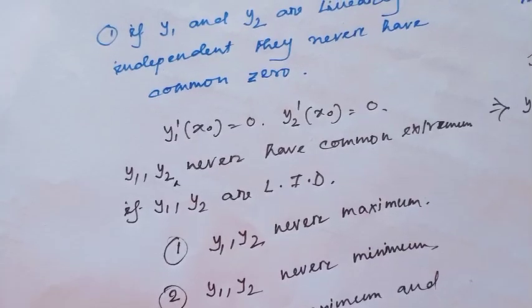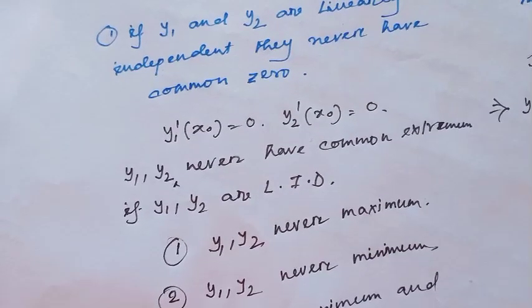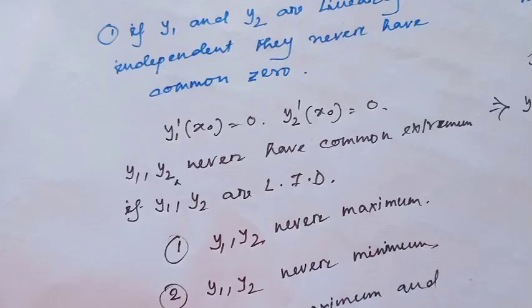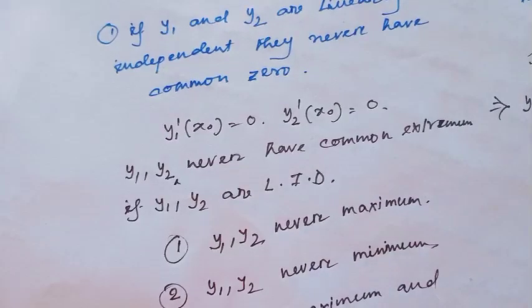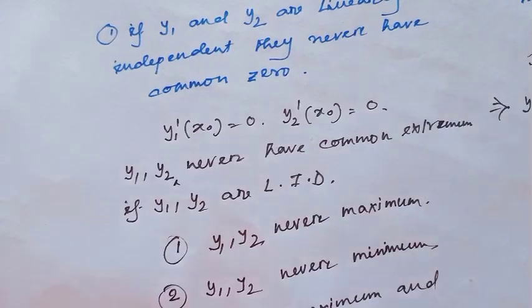When y double prime x naught is greater than 0, this would be a minimum, and when y double prime x naught is less than 0, this value would be a maximum. I hope all my viewers have understood.